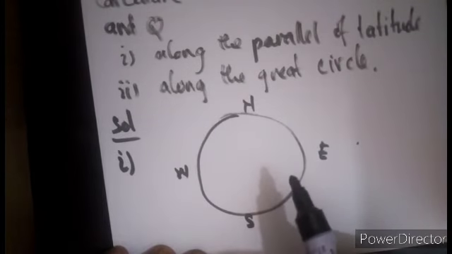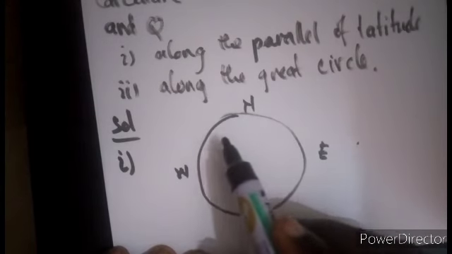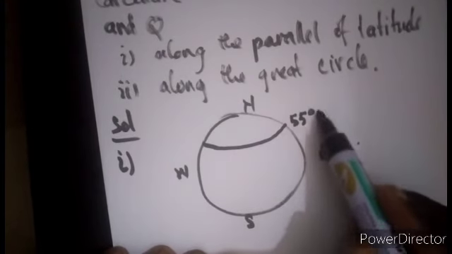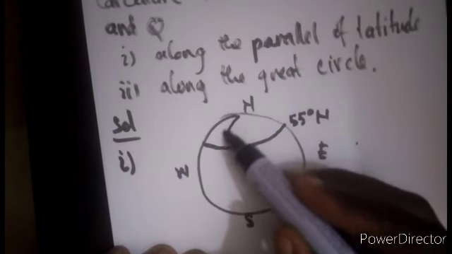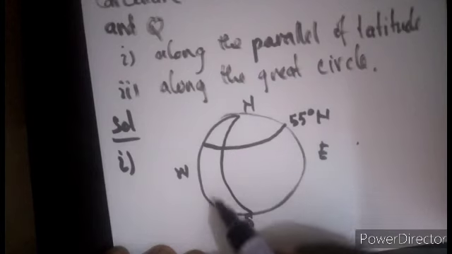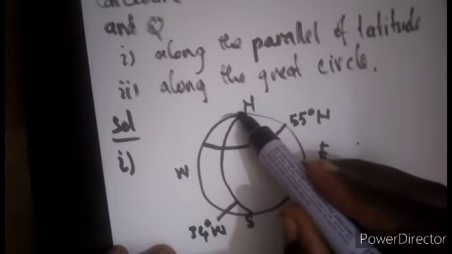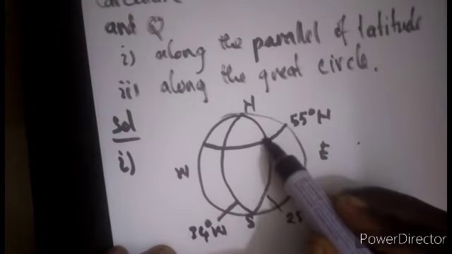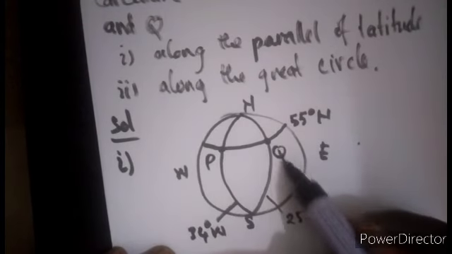We have that the 2 points are on the same latitude, 55 degrees north, and they are on different longitudes. One is 34 degrees west, and the other one is 25 degrees east. So we are looking at these 2 points. This is P and this is Q.